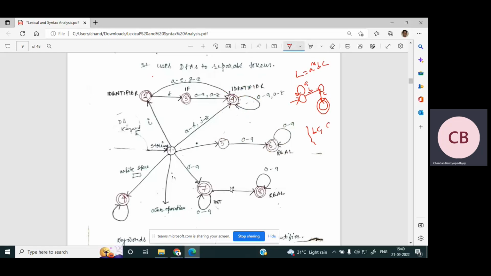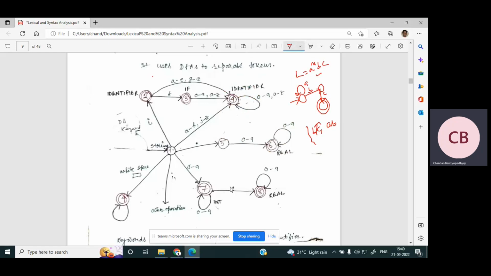But if I take the string ab, can it be accepted by this finite state machine? No, because a can take one move, but by moving over b, I am trapped here and cannot move. That means bc belongs to the language L, whereas ab does not belong to language L.